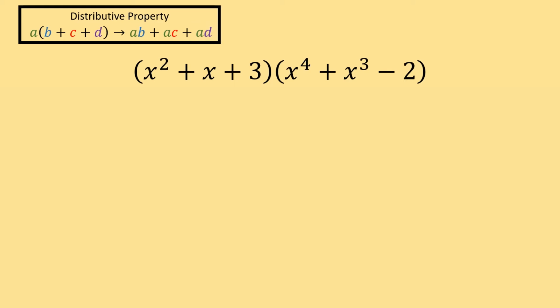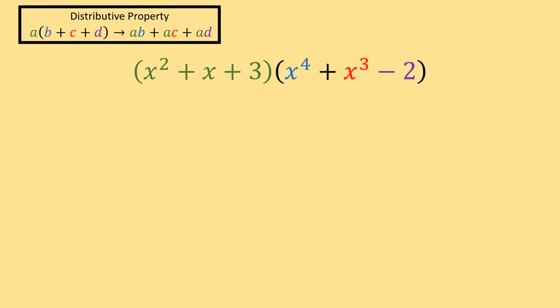The only reason I'm doing this is that it allows us to match this distributive property to the given example. We can think of our first polynomial, x squared plus x plus 3, as a, and for our second polynomial, the first term is our b, the second term is our c, and the third term is our d.